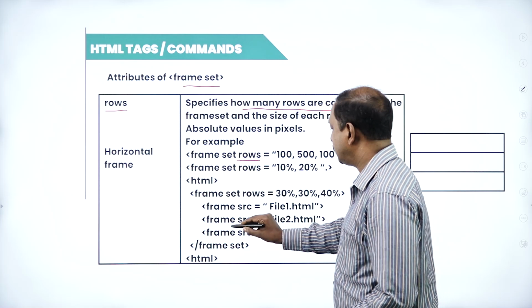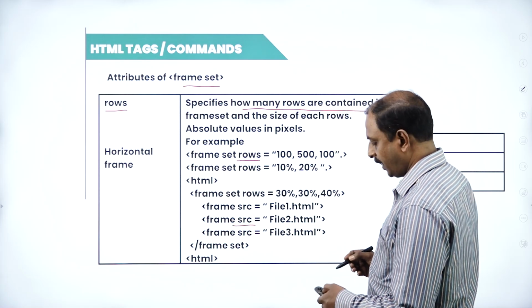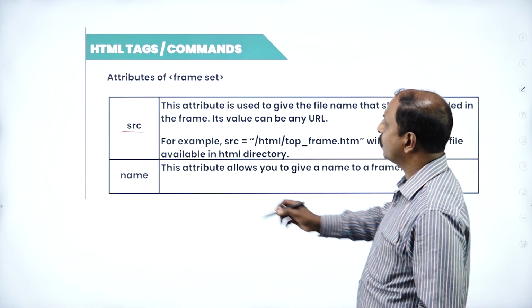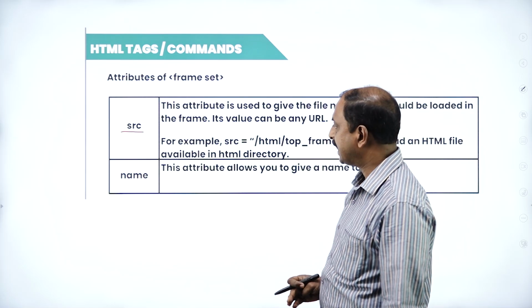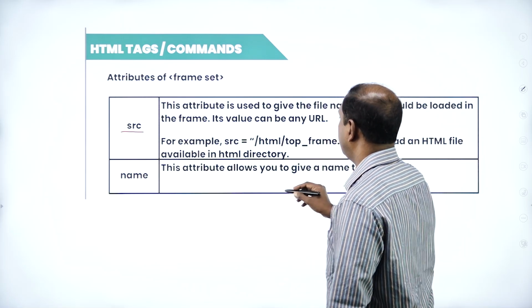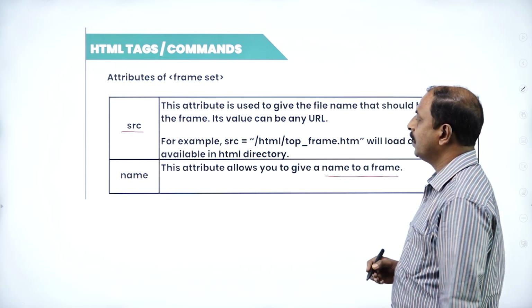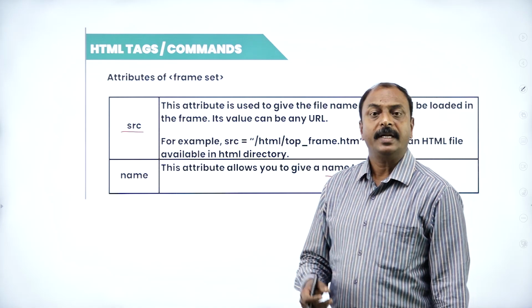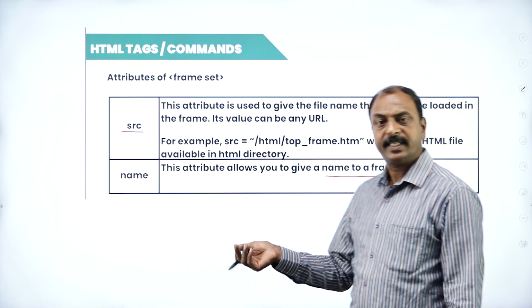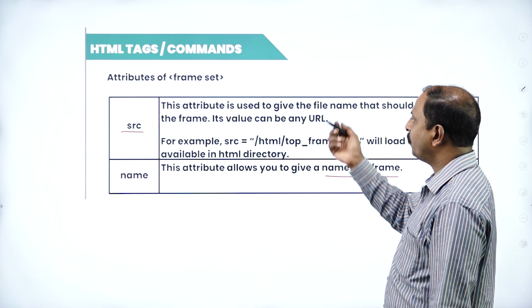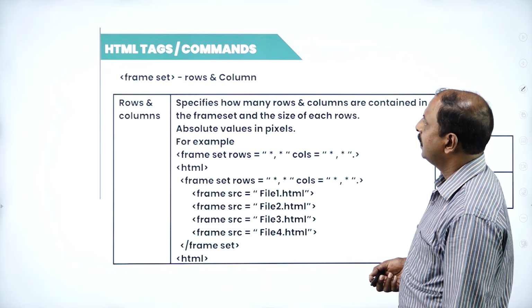SRC is an attribute, and it loads the particular source file into the particular section. Name: this attribute allows you to give a name to a frame. It is also possible to have different names for different sections in a web page. So these are different attributes of the frameset tag.